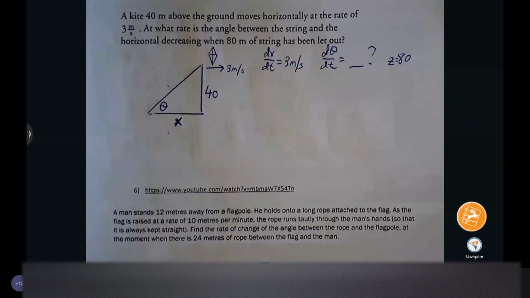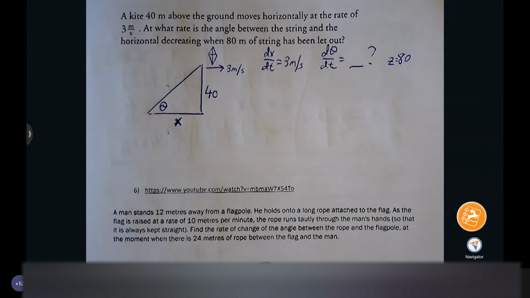Build your trig equation. Which equation can we use?